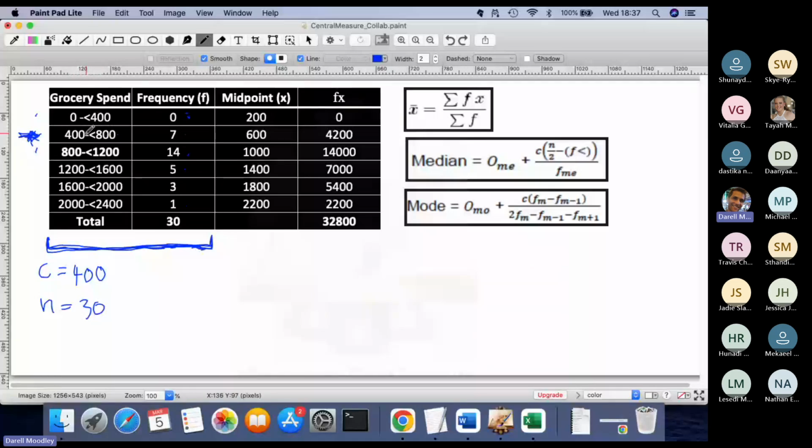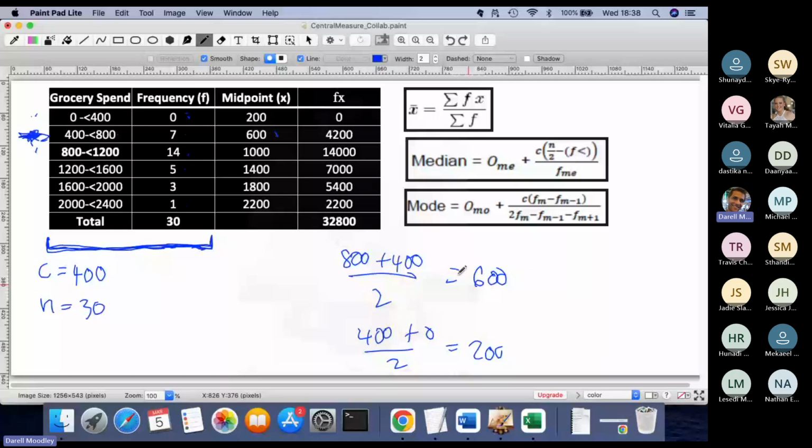And how do we find the midpoint? We add the upper and the lower limit, so 800 plus 400, and we divide by 2. If you do that, you get 600. So the midpoint for this second interval is 600. For the first interval, that midpoint is 200, because it's the upper limit, 400, plus 0, all over 2, which gives me 200.